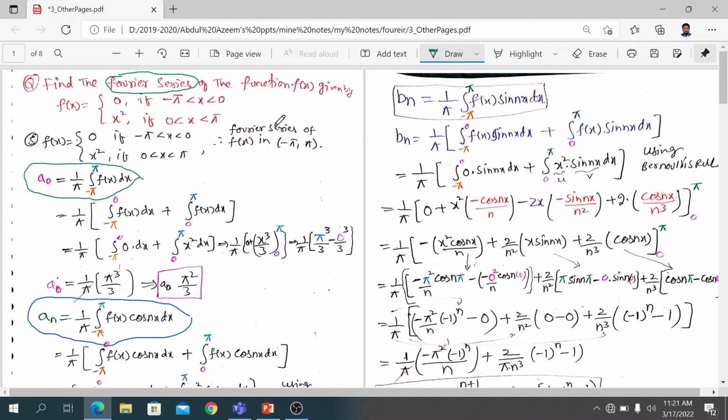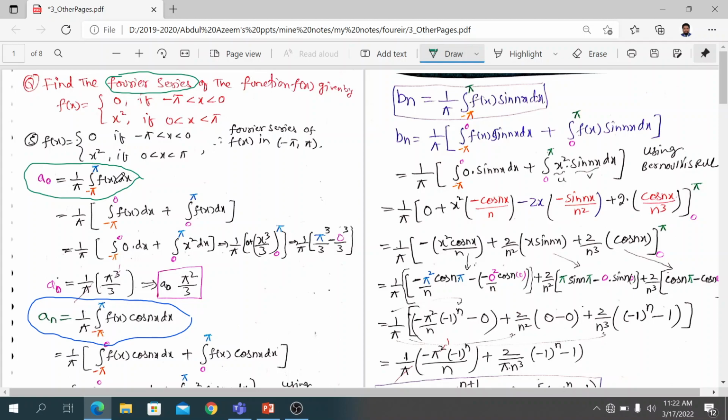So it means the Fourier series of f of x is in minus pi to pi. First we will find the value of a naught, an and bn. The a naught formula we know is 1 by pi integration from minus pi to pi f of x dx.